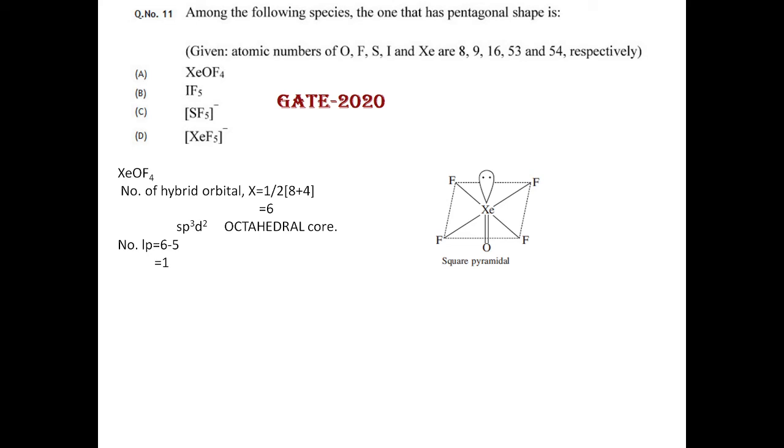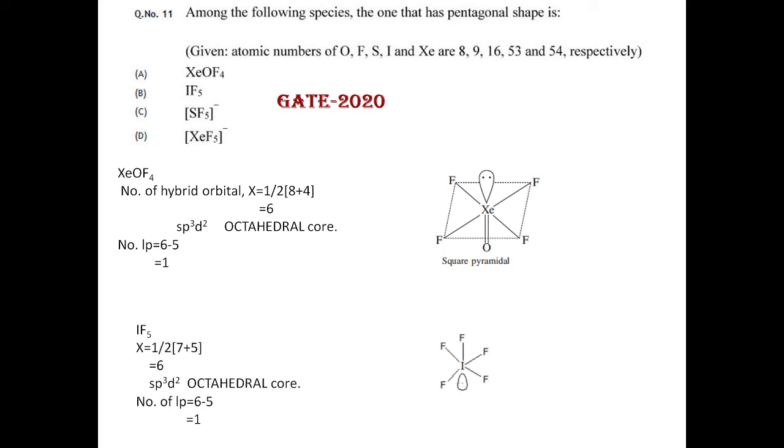The core structure is the one coming from the hybridization, and the original structure is the one coming from experimental observation, for example crystallography. From X-ray crystallography we cannot see the lone pair, so we will see the main structure as square pyramidal. Coming to the next question, so this one is not pentagonal.